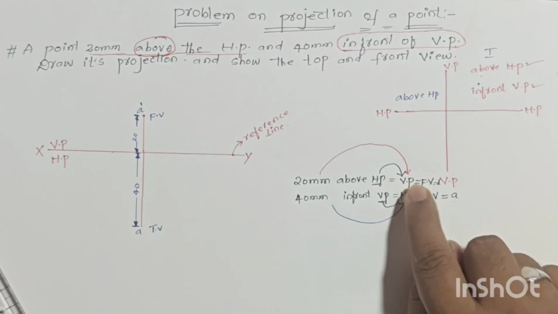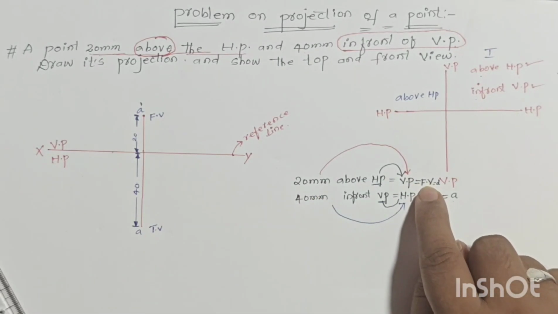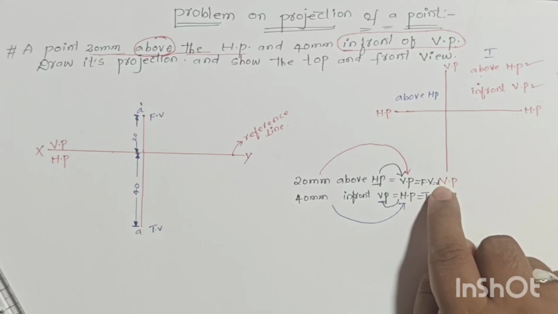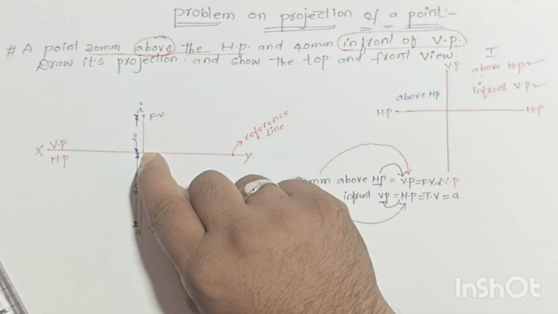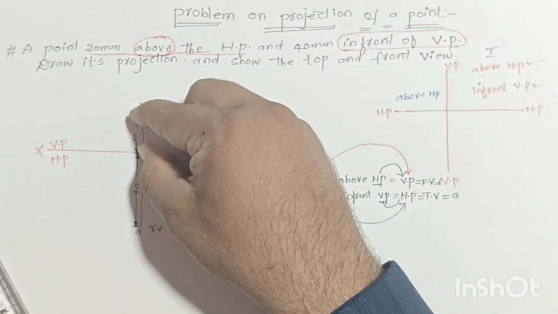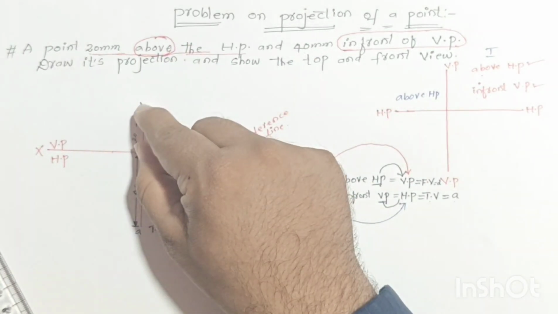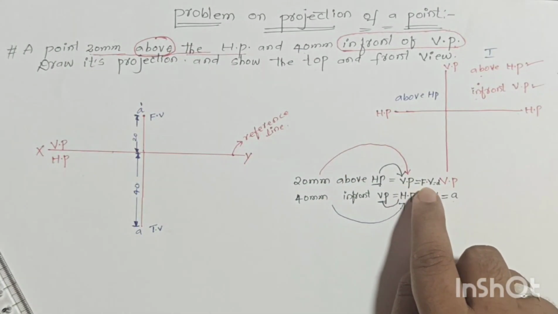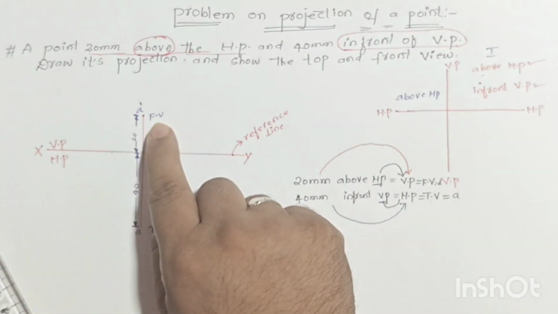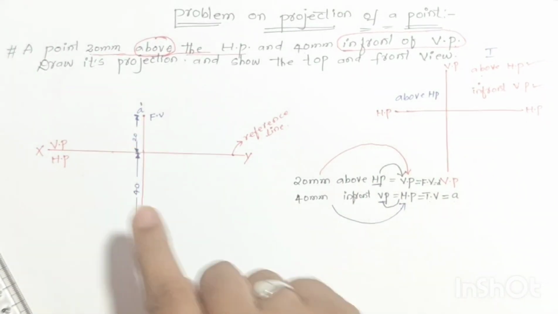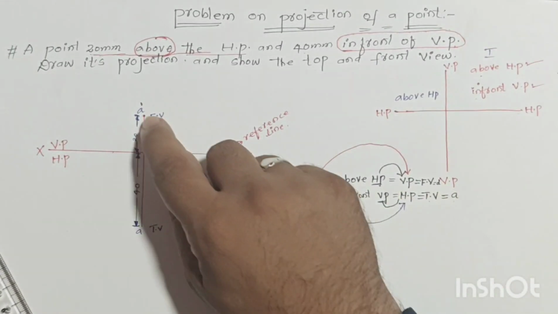This vertical plane is the front view. The front view is called A dash. So from the reference line, we need to measure a length of 20. Clear? This 20 is called the front view, and it is represented as the point A dash.